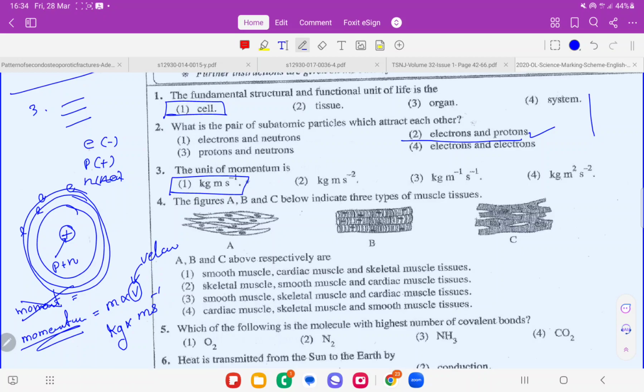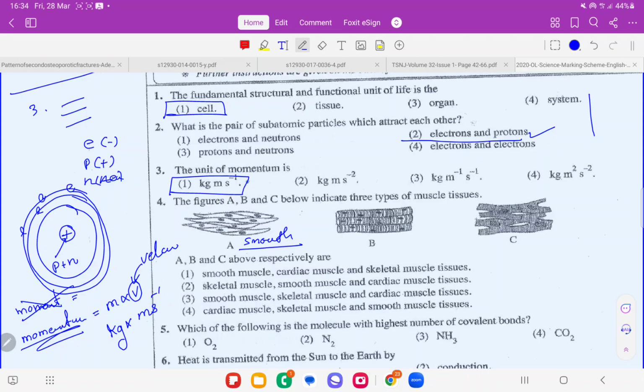It's clear. Okay, then they asked to identify these three types of muscle tissues. The first one is spindle shaped, uninucleated, and has no striations. It means this is smooth muscle, right? Spindle shape, only one nucleus, that is smooth muscle tissue.